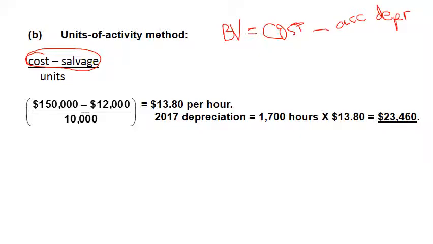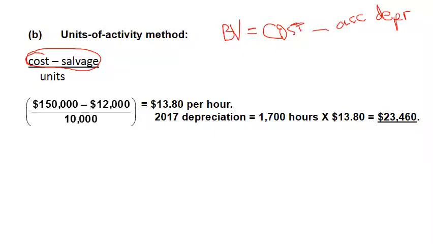If an asset is fully depreciated, the book value should be equal to the salvage value, because you would have depreciated the depreciable base. In this case, that's $138,000. So the cost of 150 minus 138,000, the depreciable base, would leave you with the salvage value.